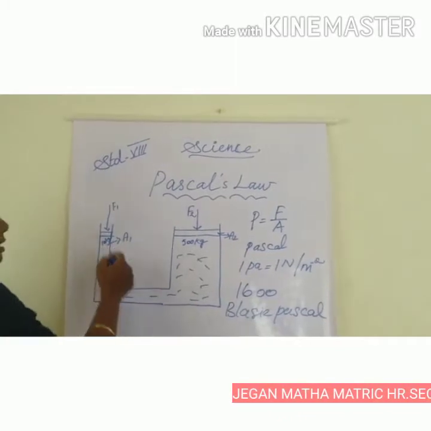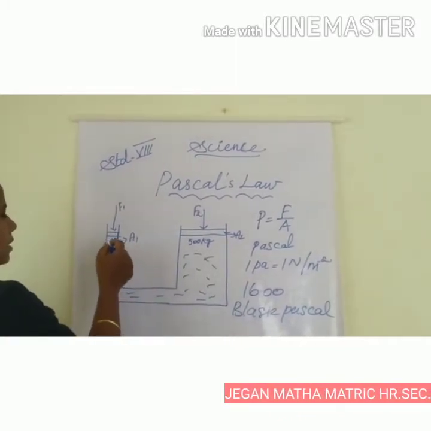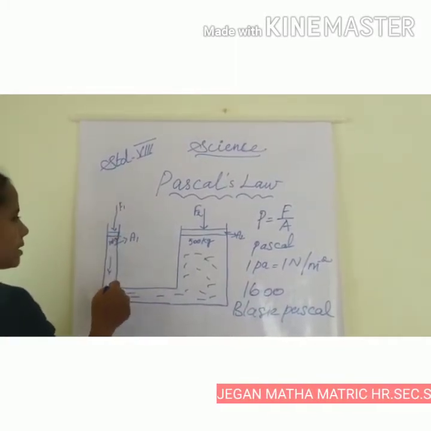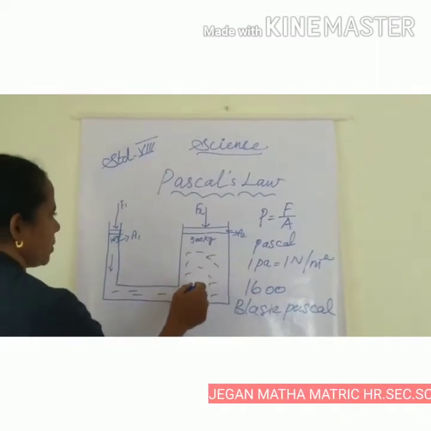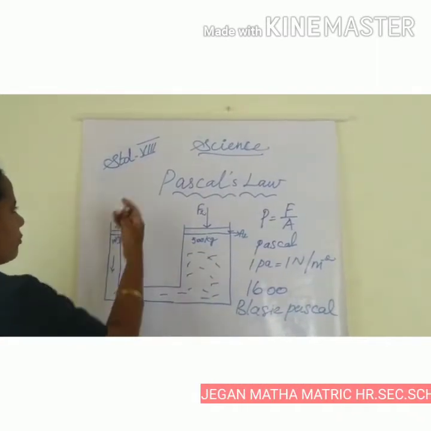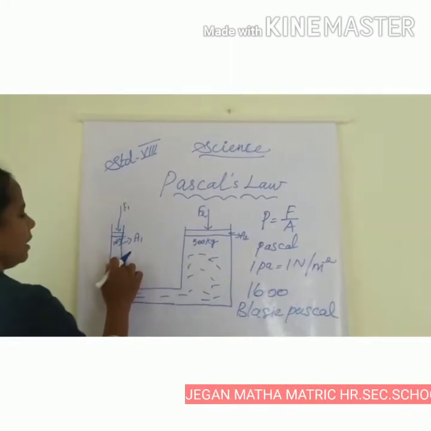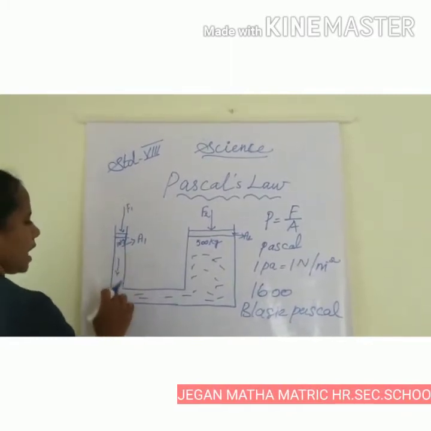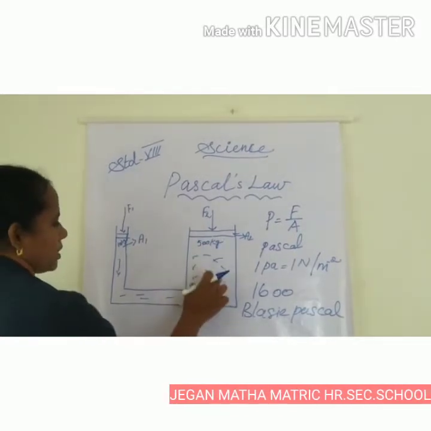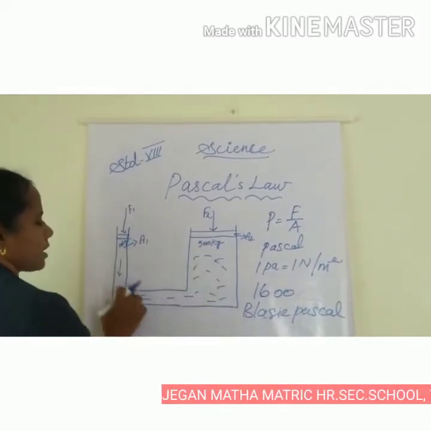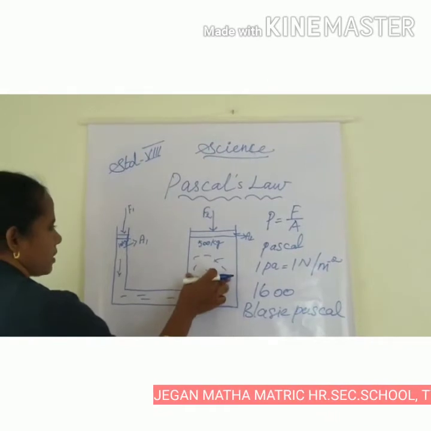So, in this container, this is a small piston and this is a larger piston. The force F1 is applied to the small piston, and the pressure is transmitted through the liquid to the large piston.